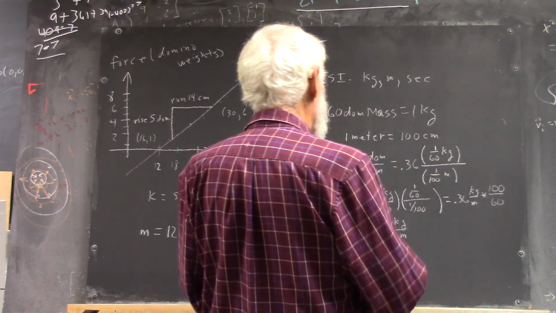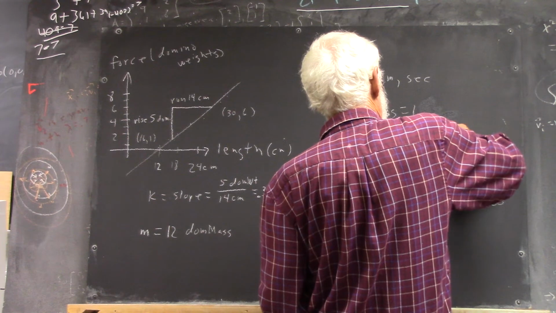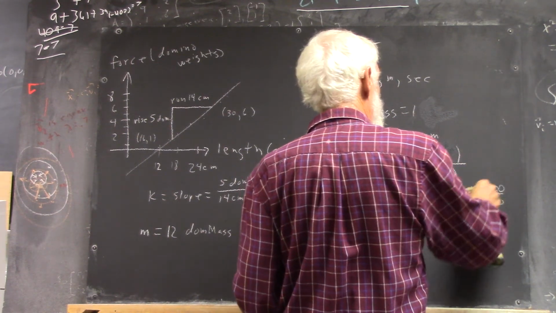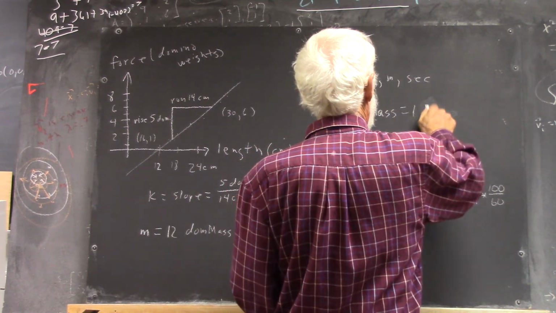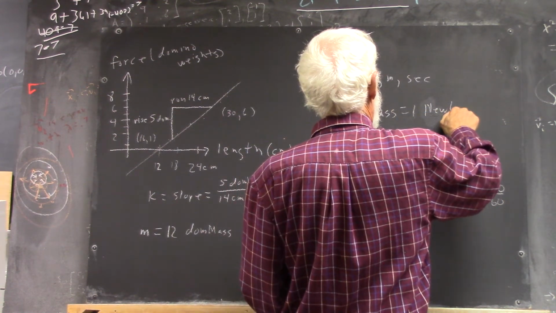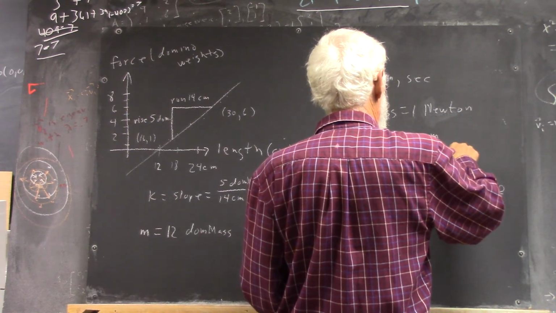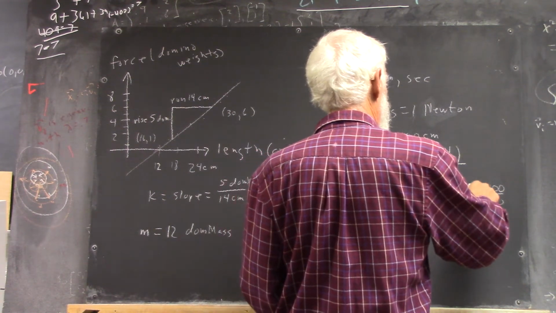And we'll see why that is shortly. We've talked about Newton's second law a little bit, but we haven't talked about the units. So this is going to be in newtons, and this will then be in newtons per meter.